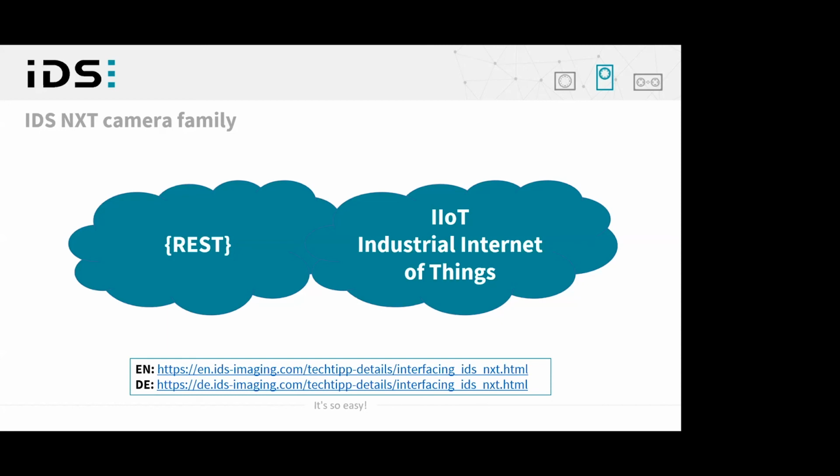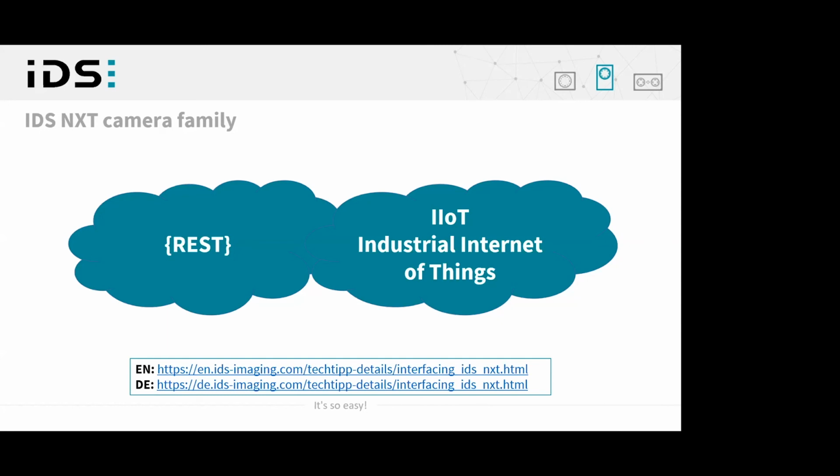Who would like to get more information about how the REST interface is used with IDS NXT, we have here a link to a tech tip, especially for this topic. And in June, we will also offer a next webinar where we show how to integrate an IDS NXT camera into a factory automation environment with REST.